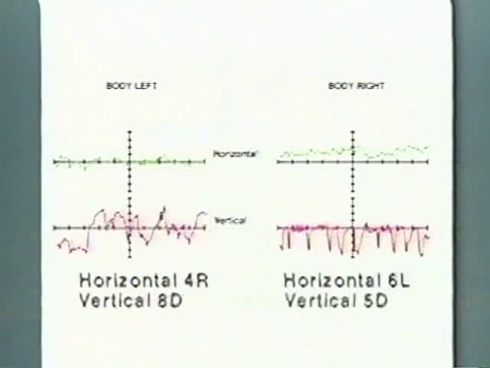Additional examples of positional testing are presented at this time. In the first two tracings, there is noted both a significant horizontal and vertical component in body left and body right testing.